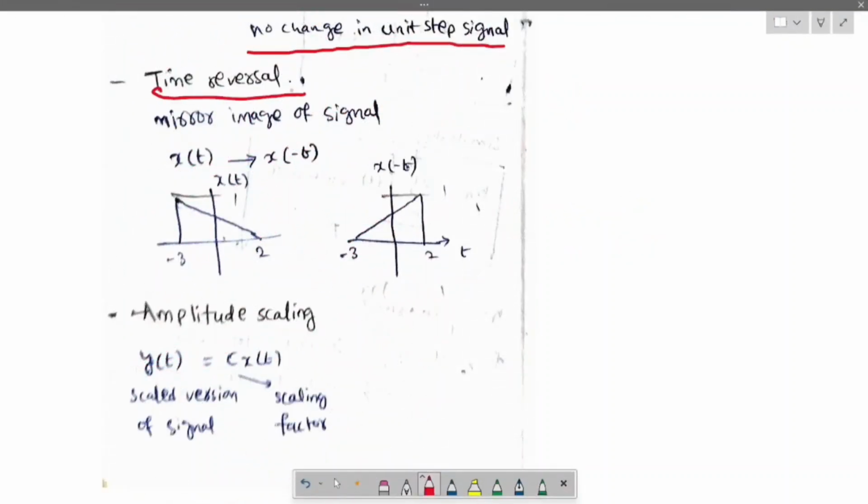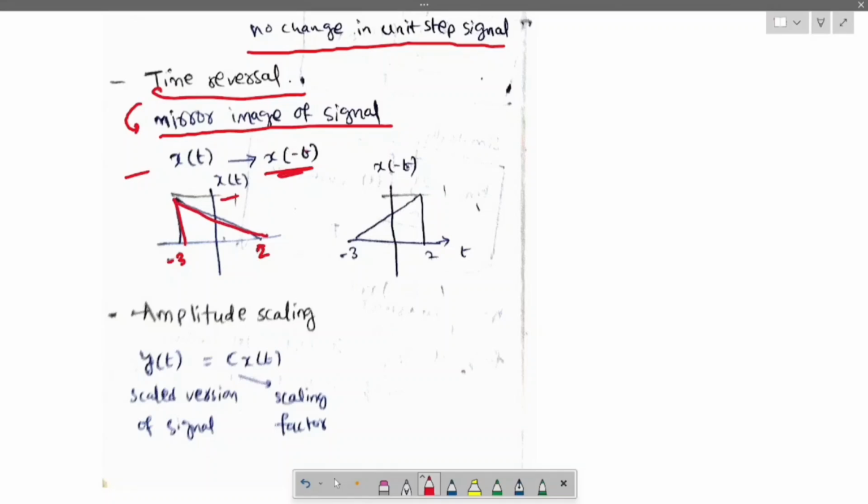Now the next operation is the time reversal operation. In this operation, the plotted graph will be a mirror of the signal. The condition is x of t will change to x of minus t if you apply time reversal. So x of t is like this, from minus 3 to 2, the graph is like this.